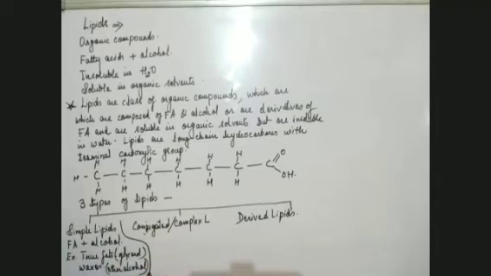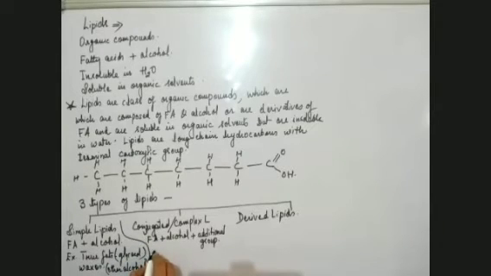We have fatty acids plus alcohol plus one additional group. When the lipid has fatty acid plus alcohol plus any additional group, we call it conjugated or complex lipid.